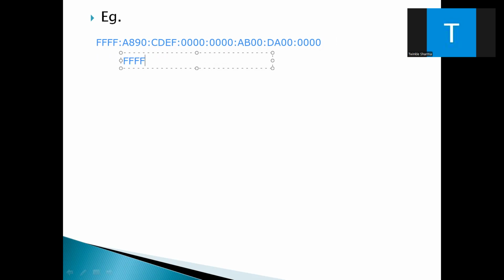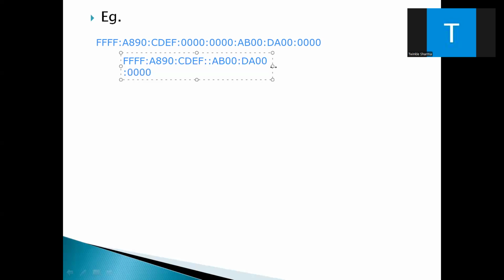How? FFF, A890, CDEF. We have consecutive zeros, so we can write a double colon here, right? AB00, DA00, 000.